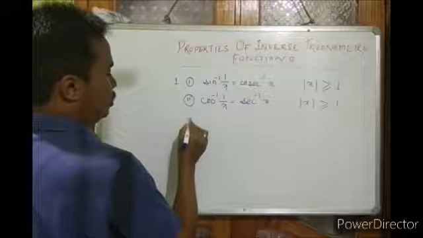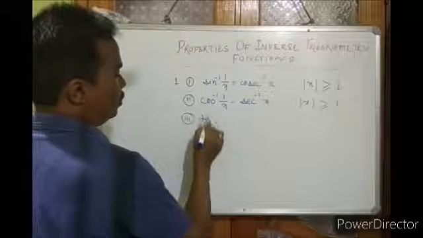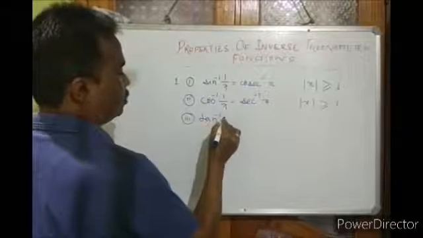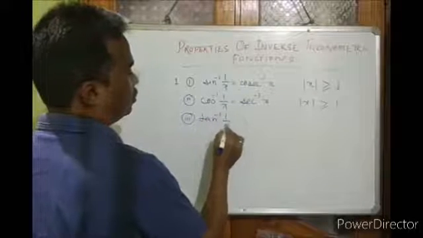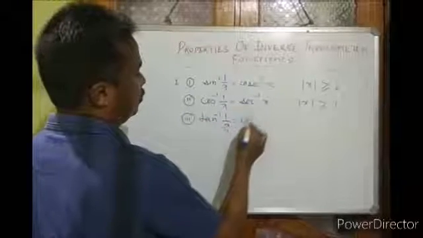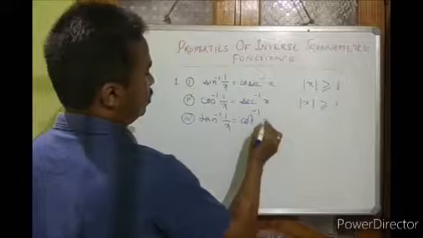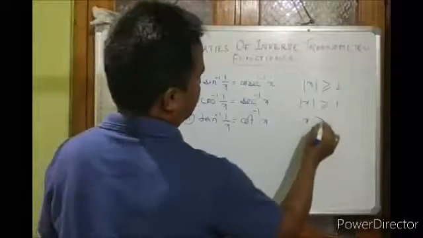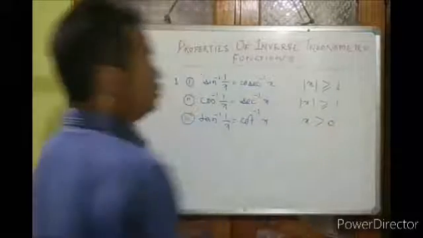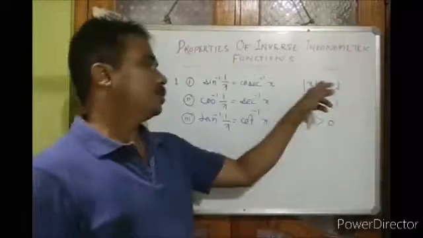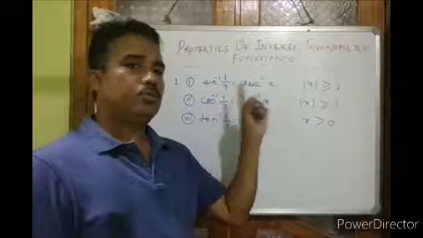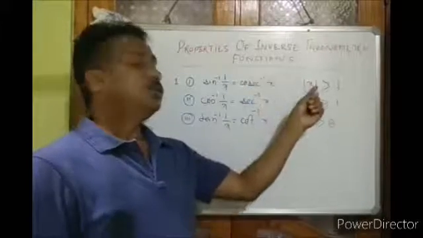Number 3, tan inverse 1 by x is equal to cot inverse x, and x is greater than 0. So these domains are there. These properties are true only when this domain is there.